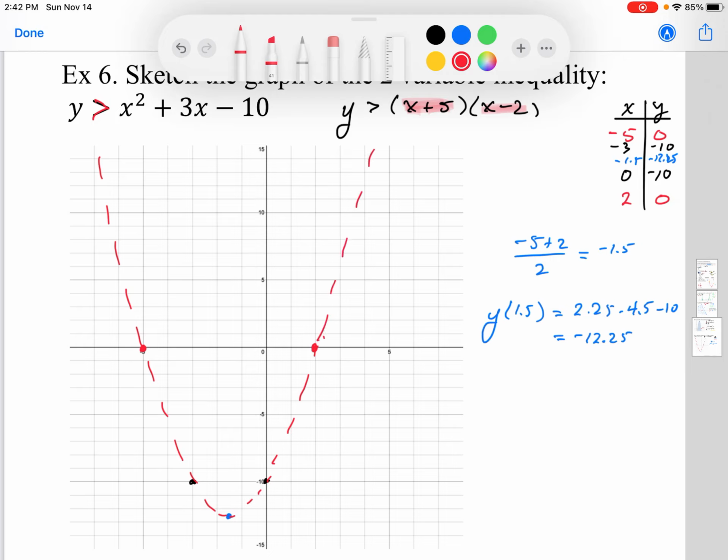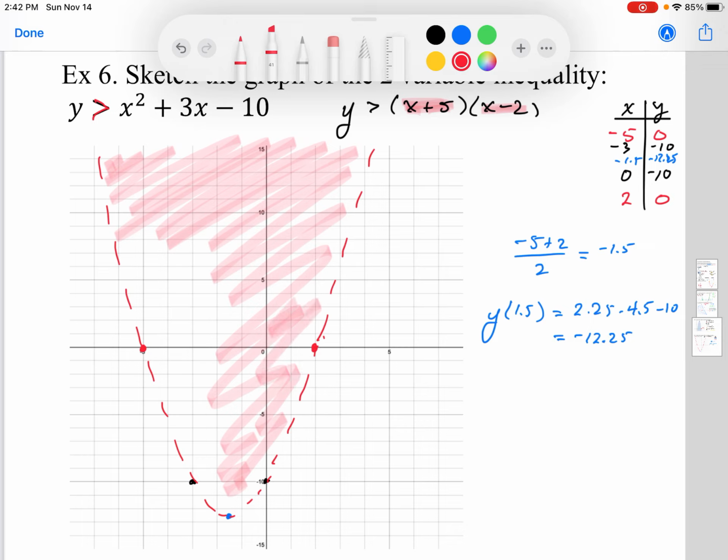I have to decide, am I above or below? Since y is greater than the line, I'm going to shade the area above the line. Again, we're not doing inside and outside, we're doing above and below. So there is my shaded area, the area above the line.